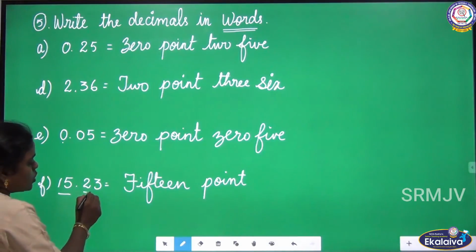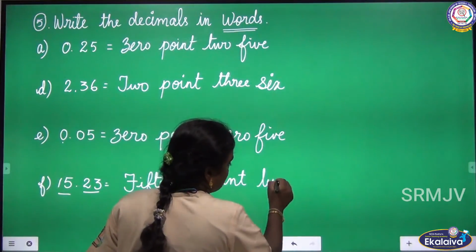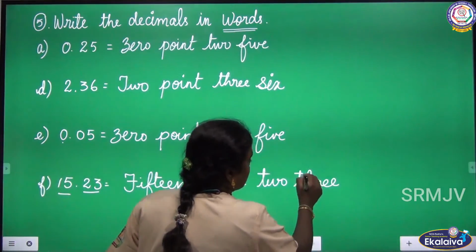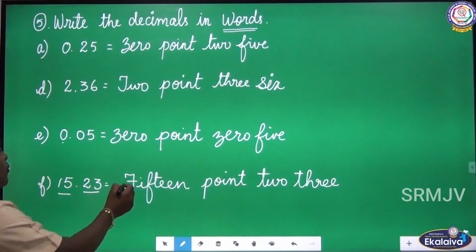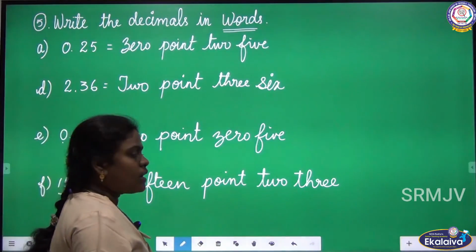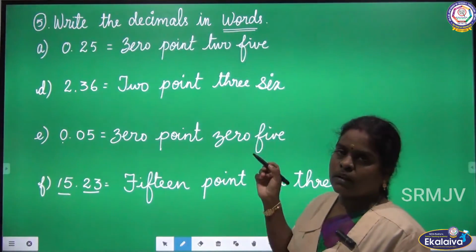Here we have 2, 3. So first write 2 and then 3. So what is the given decimal? 15.23. This is the given decimal number.